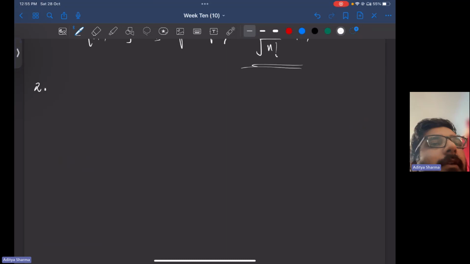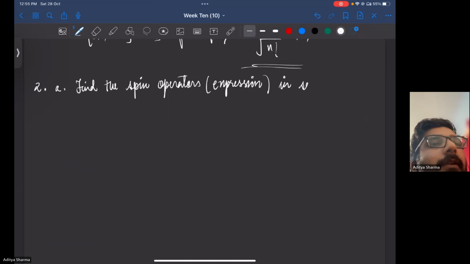Second question is, part A: find the spin operators, the expression of it in second quantized notation for a spin half particle.